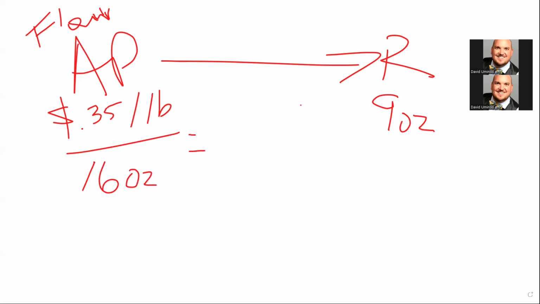Okay. So let's take a look real quick at the, I think the 35 cents per pound, is that what you got from the Chef Tech inventory list? Okay. So let's take a look at that.